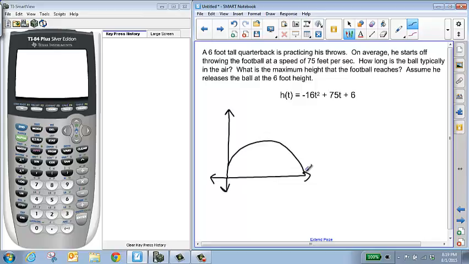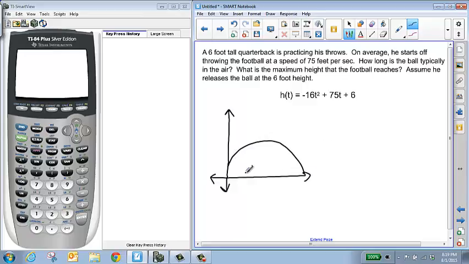Okay? So now the first question being asked says, how long is the ball typically in the air? So we need to think about what point along the path of this parabola is going to represent the point that we're trying to find.